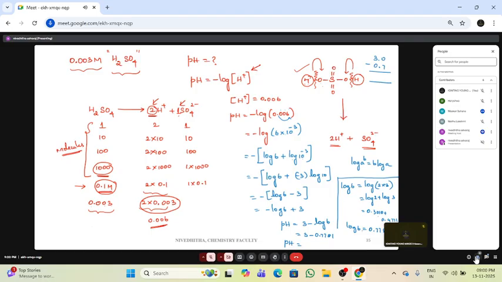Don't take all those steps. Just take 0.7. From 0, we cannot subtract 7, right? So we have to borrow. From 10, we can subtract 7, so 10 minus 7 is 3. Point, 2 minus 0 is 2. So the answer is 2.3.